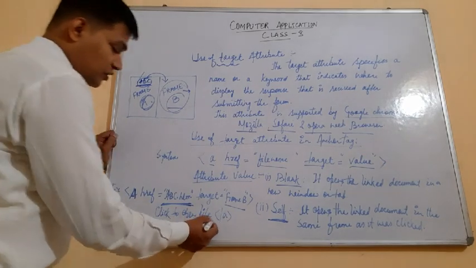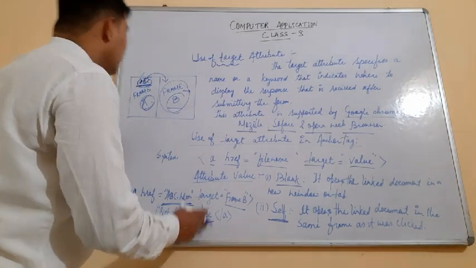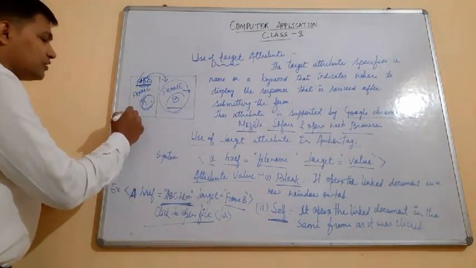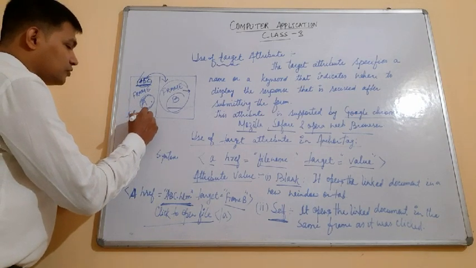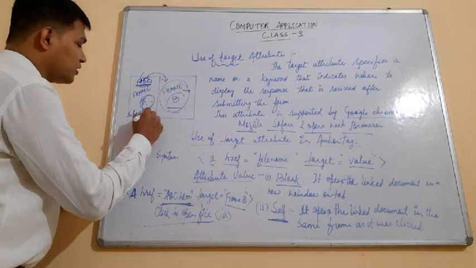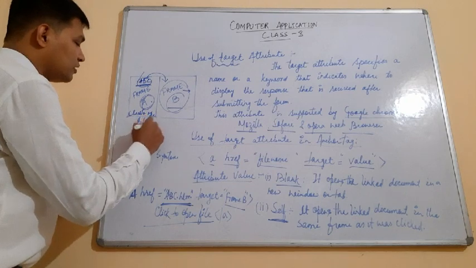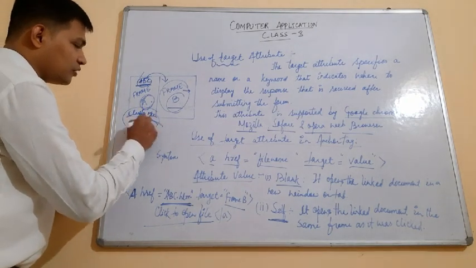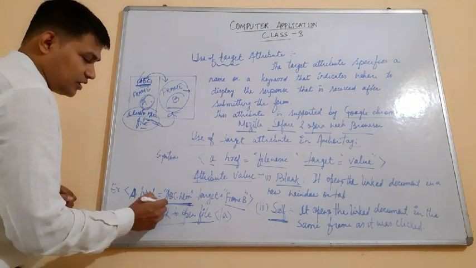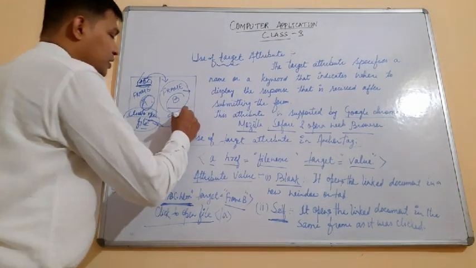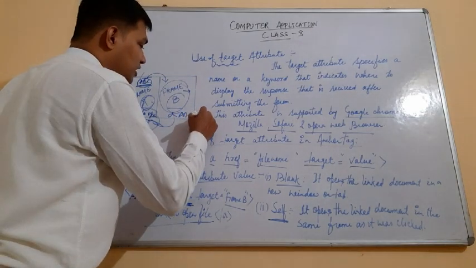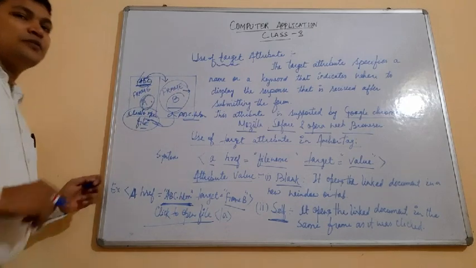So when you click on the file, it will appear in the frame. Click to open file. When the user clicks on this particular link, abc.html will appear here. The abc.html file will open in this frame B.